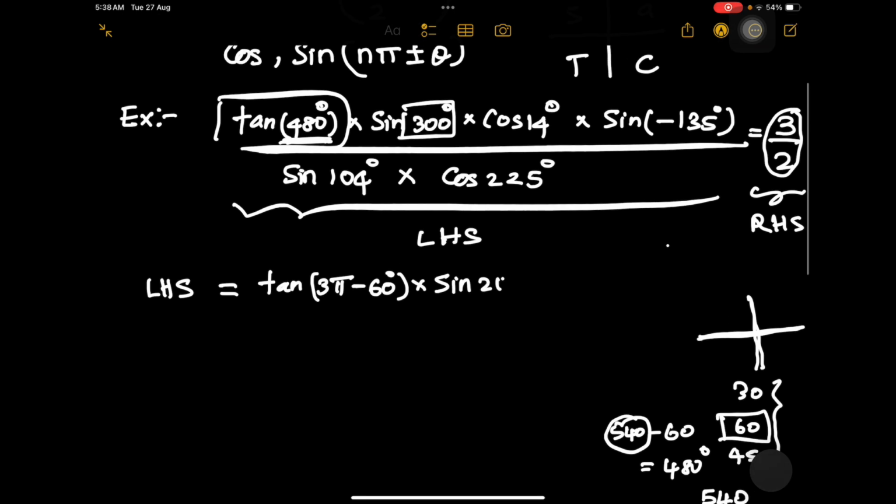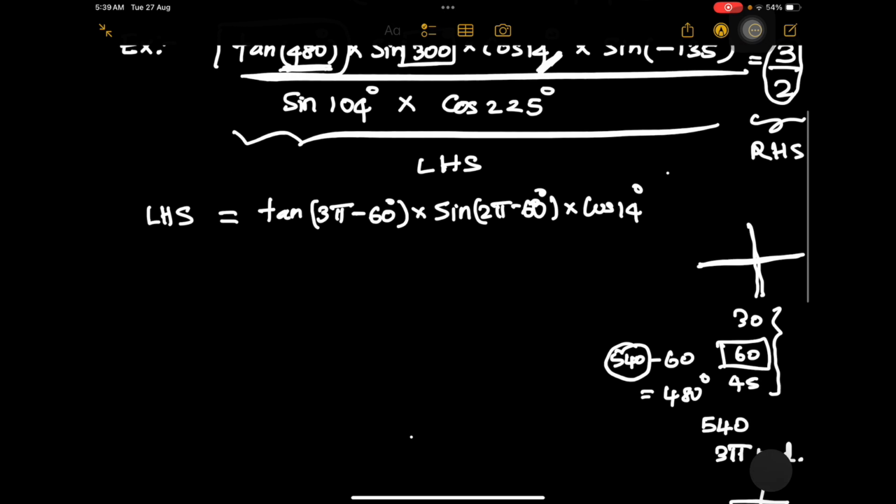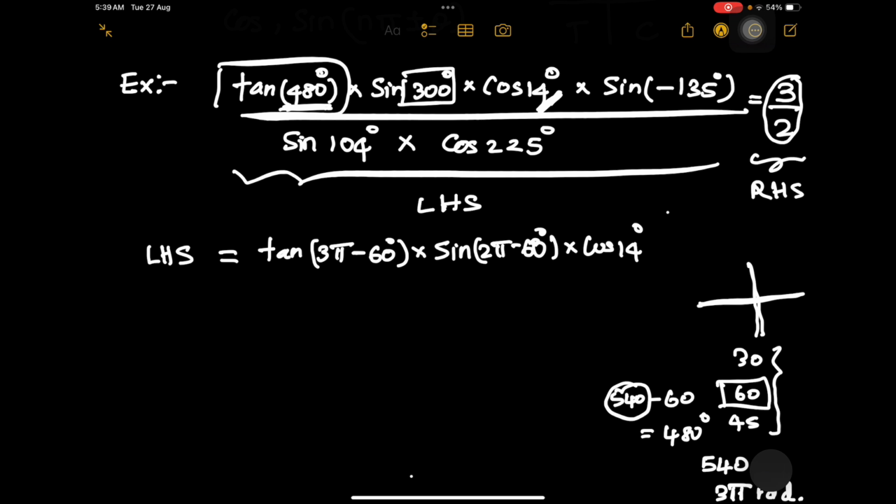Sine 2 pi minus 60 degree times cos 14, because I write this as it is since we don't know the value, because we don't have any reference angles for that. So I will write cos 14 as it is, and sine minus theta. In this case sine minus theta is minus sine theta.